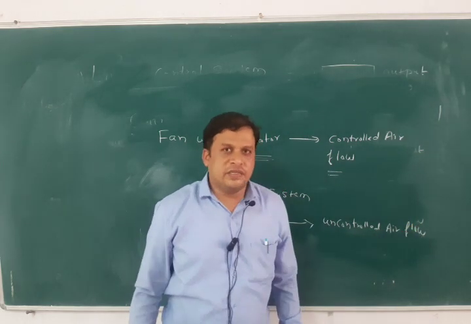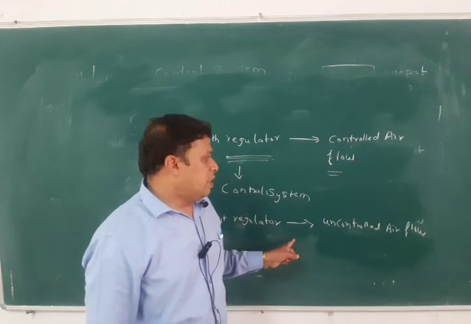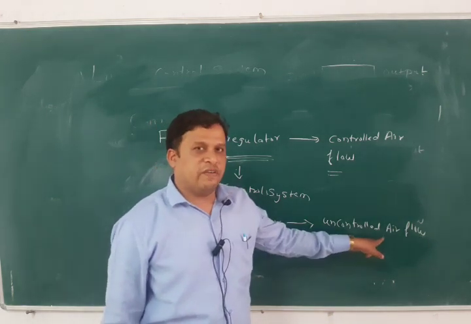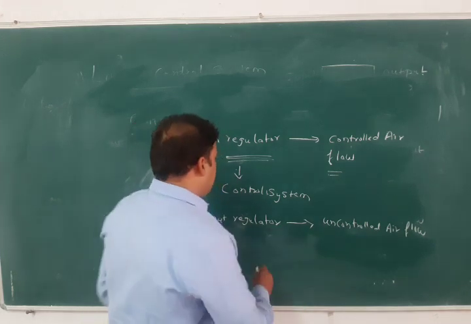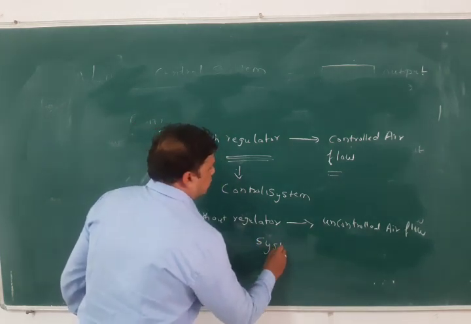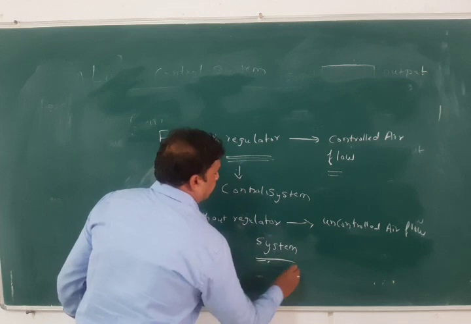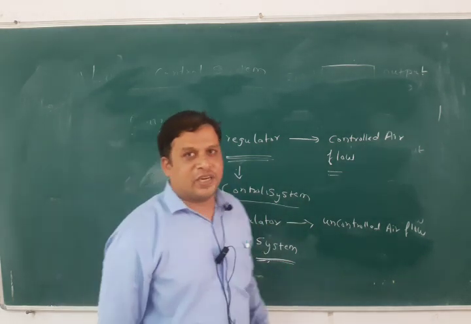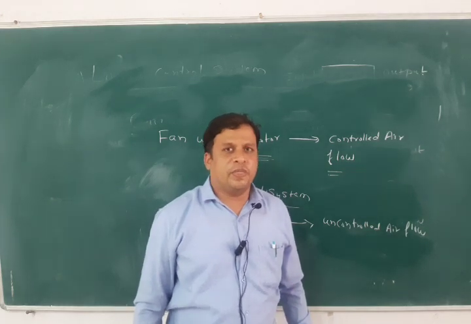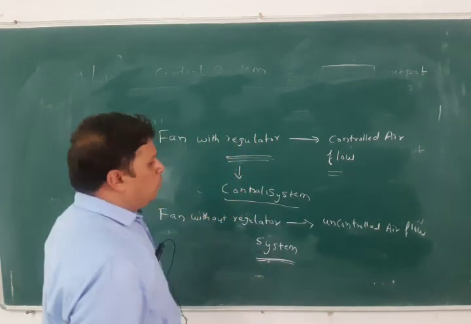That means it doesn't give you a proper airflow as the output from the fan. So a fan without a regulator is called just a system. It is not a control system. Now you are clear about what a control system is and what a system is. And now again I will tell you one more example.